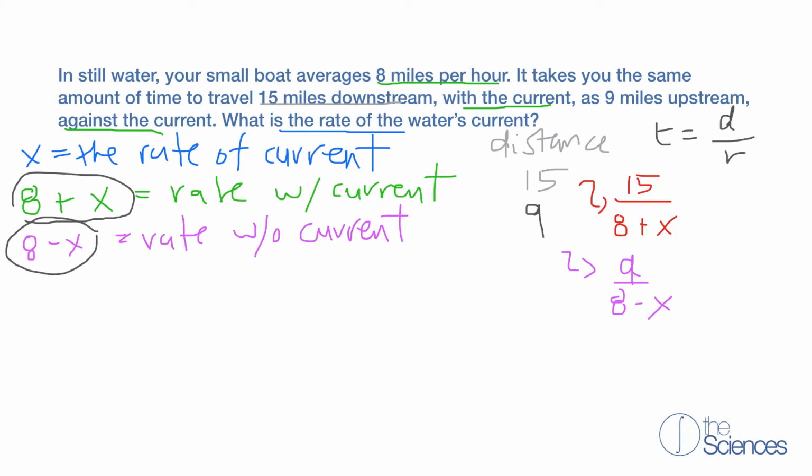So now it's saying that it takes you the same amount of time to travel 15 miles with the current as 9 miles upstream against the current. So this means that the two expressions are equal. So here we have 15 over 8 plus x equals 9 over 8 minus x.